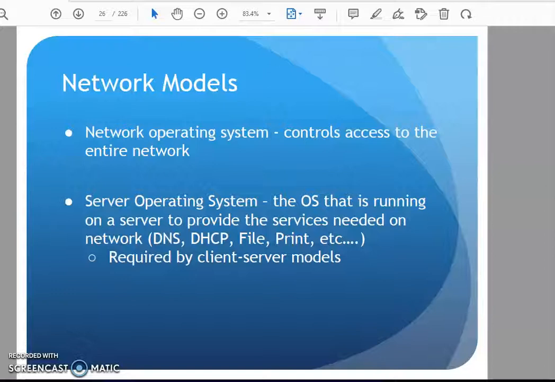All right, with this, we now need to introduce a couple other terms. We need to introduce some operating systems as well as the peer-to-peer client-server thing. So let's talk network operating system real quick. We're familiar with operating system. An operating system is the software on my computer that makes it function and do the things I need it to do, like browse the internet, download files, email, that sort of thing.